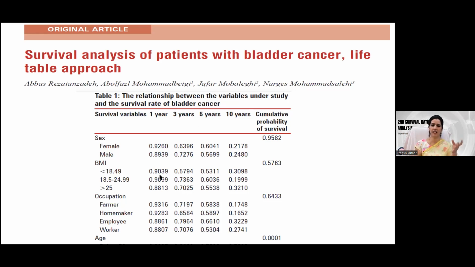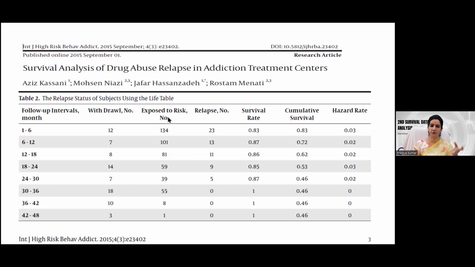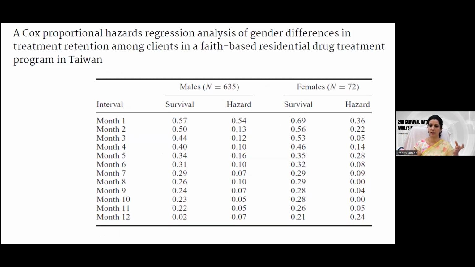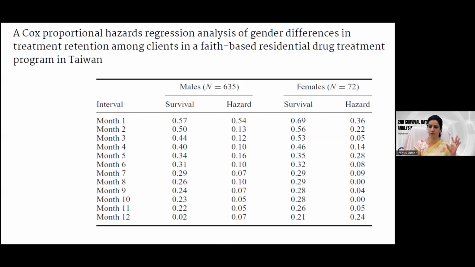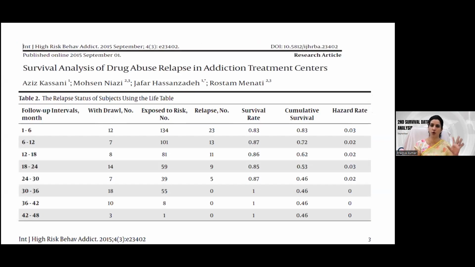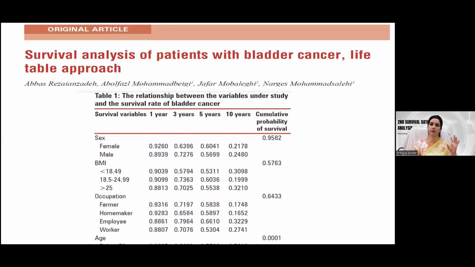So like in this case, you will see there is only this probability. And then you will see here, they have mentioned the hazard rate. But again, here you will see they have only mentioned hazard and survival. And in this case, again they have mentioned it. So it is up to you. If you want to mention the hazard rate column also, take help of SPSS and then write it.